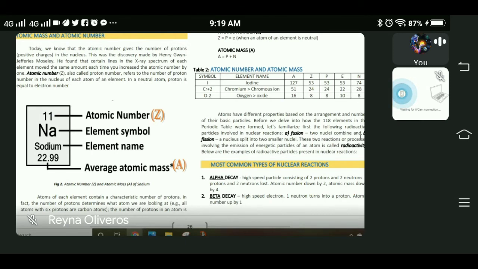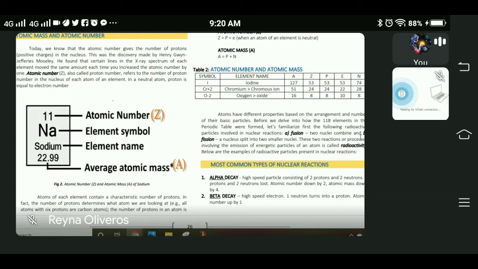Okay? Again, let me repeat. Guys, when we say fusion, it means it is a combination, to make it simple, a combination of nuclei. While fission is the splitting of a nucleus or nuclei. Okay? So, these two reactions are processes involving the emission of energetic particles of an atom.